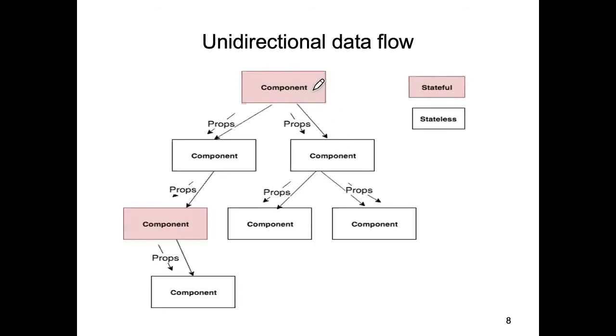So again, let's take the example: this component experiences a state change, so it re-renders. Now, it may be that in the second re-rendering of this component, based on some logic within the component, it's actually going to decide to leave this part out.